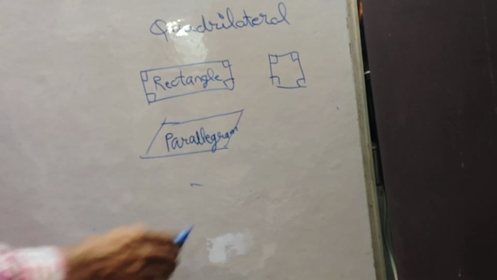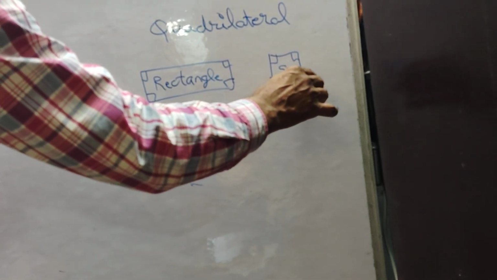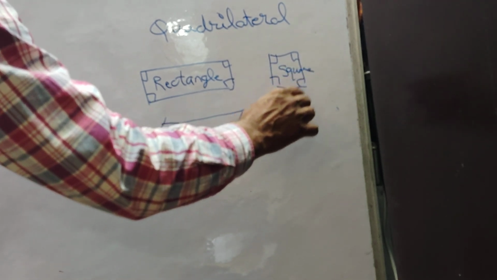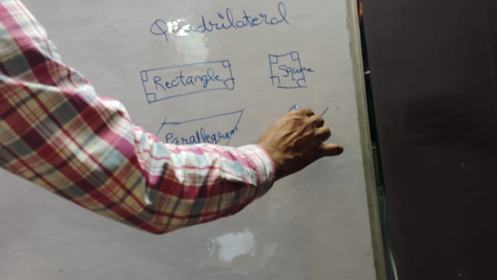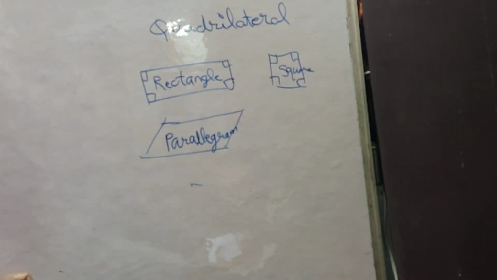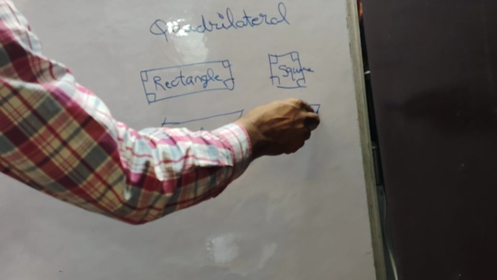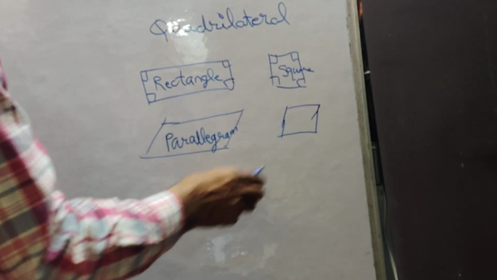That is square. All the sides are equal, each angle is 90 degrees. If I bend the square at some angle, what is its name? That is rhombus. Rhombus has all 4 sides equal, but each angle is not 90 degrees.